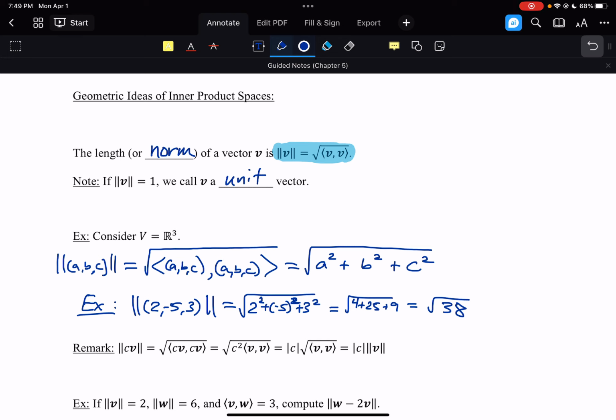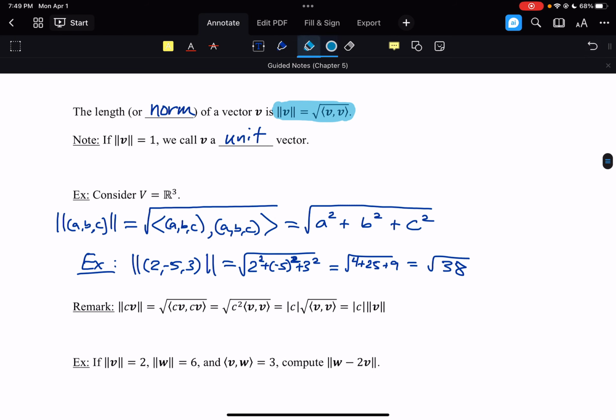Now, when it comes to vectors that have been scaled, so when they're multiplied by a scalar like we have down here, the length or norm of a vector times a scalar is the same thing as the square root of the inner product of cv with cv. When you pull out the c, you can only pull out from one component. So we would pull out the c from here, we would switch the order, pull out the c from there, and then you could switch them back.